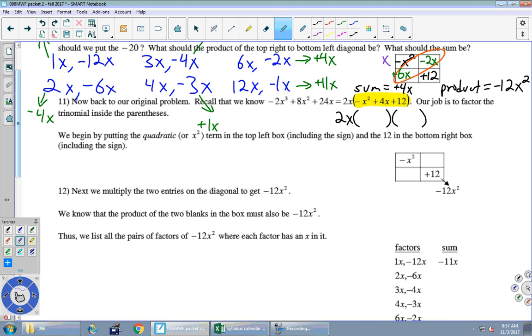And they don't have any number in the front that goes into both. One of them is a negative 2 and the other is a negative 1. So you can't pull the negative 2 out because there's no 2 in front of the x squared. But they both have a negative sign. And my strong preference is that if you are factoring out a greatest common factor and everything is negative, you pull that negative out as well. Okay, so you pick the greatest common factor out of the top row.